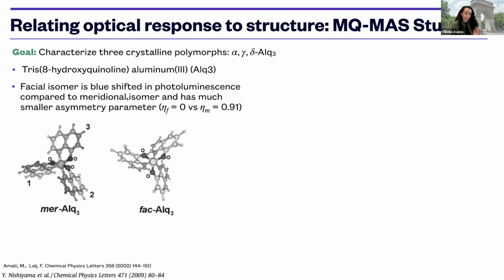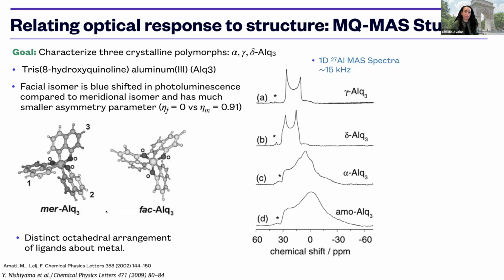There's a facial isomer that's blue shifted compared to the meridional isomer. This is the meridional isomer, this is the facial isomer. The difference between the two is that one has a much smaller asymmetry parameter, that's the facial isomer, as compared to the meridional isomer. This arises because of the distinct octahedral arrangement of the ligands about the metal.